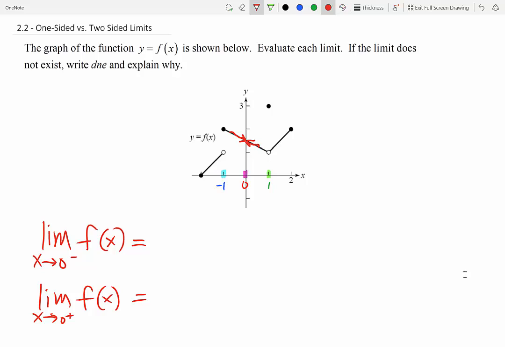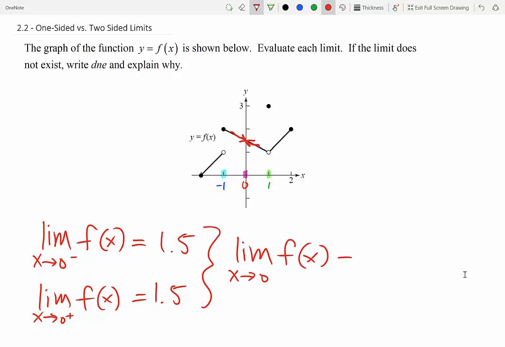Notice both of these arrows are pointing at the same height, and even though there's no dot drawn there, we do have a point, and that height that we're approaching is 1.5. Since both the left and right-hand limits are both pointing at 1.5, that means the two-sided limit as x approaches 0 of our function equals 1.5.